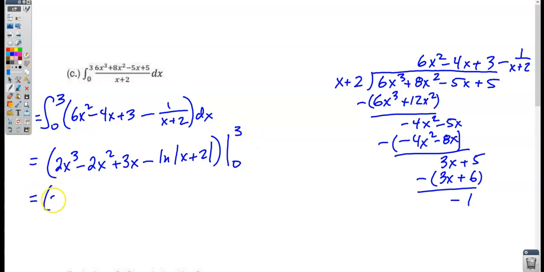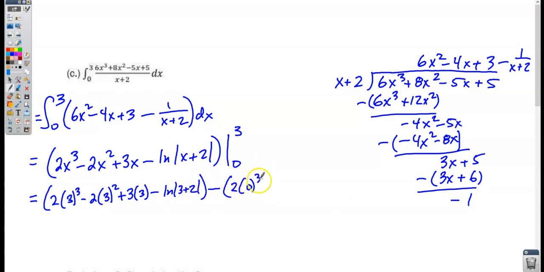And so this will be 2 times 3 cubed minus 2 times 3 squared plus 3 times 3 minus the natural log of the absolute value of 3 plus 2, minus 2 times 0 cubed minus 2 times 0 squared plus 3 times 0 minus the natural log of the absolute value of 0 plus 2.